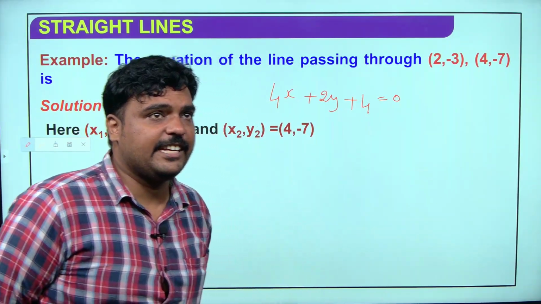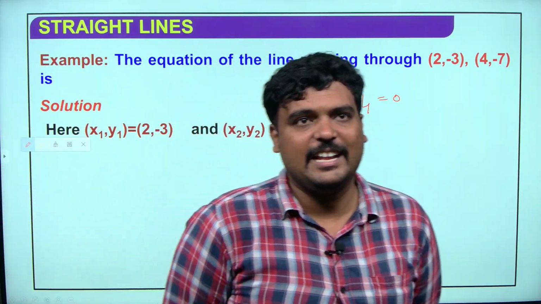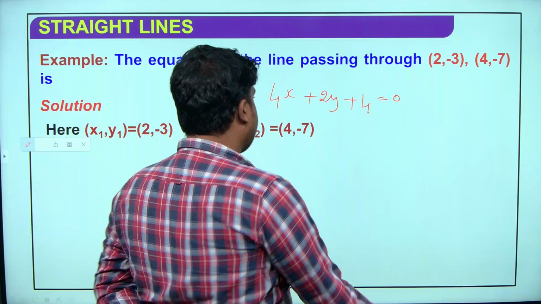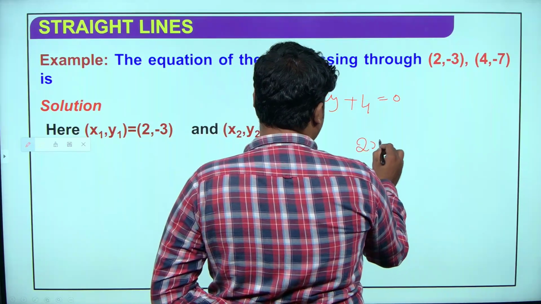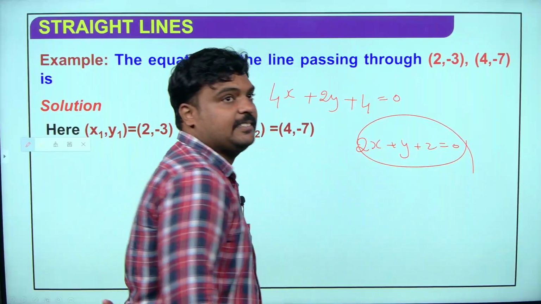And whenever an equation is written, if any common number can be divided out, you can divide that. So this equation can be written in a smarter way like 2x plus y plus 2 equal to 0. Okay, this looks nice, right?